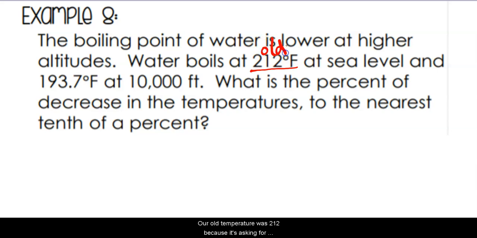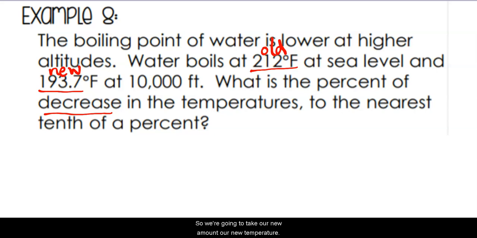Our old temperature was 212 because it's asking for decrease. We know the numbers should be going down. So the second temperature, the 193.7 degrees, is going to be our new temperature when we go higher in altitude.